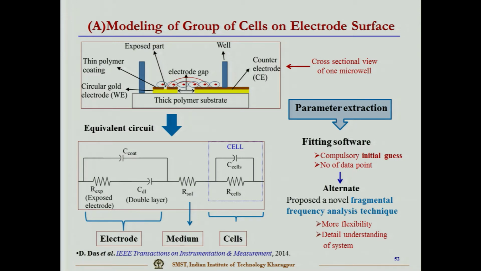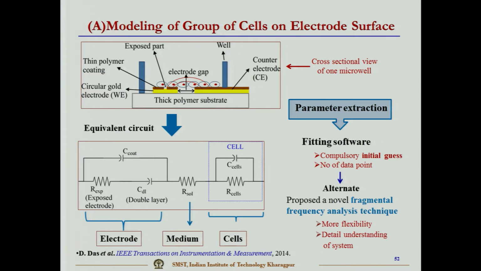On this side you have some resistance, the double layer capacitance, and the coating capacitance coming because of the presence of the dielectric layer. This is the capacitance due to the double layer. Some of you have asked about the double layer.